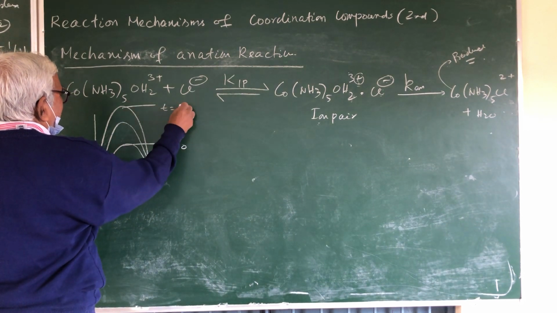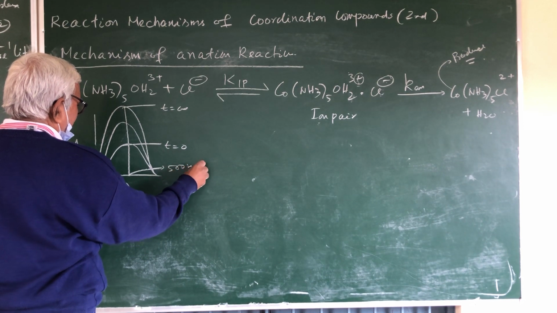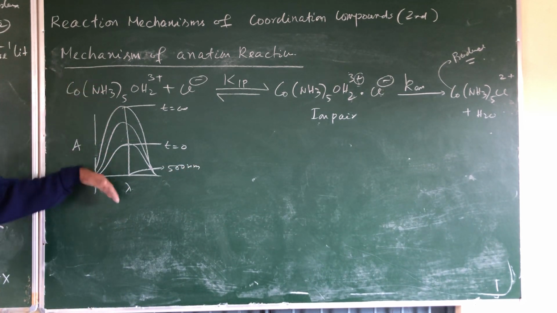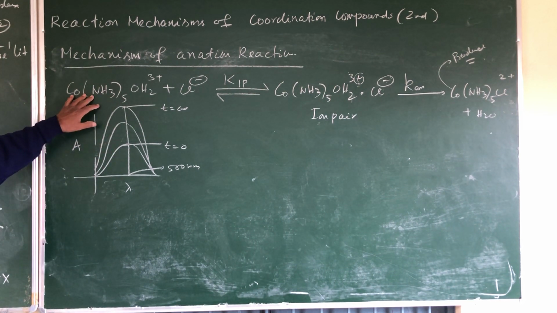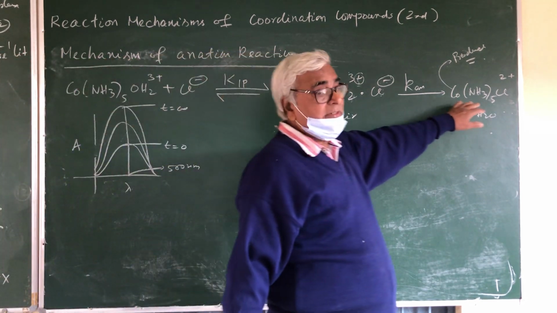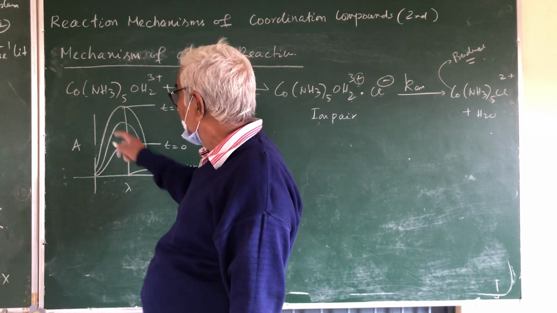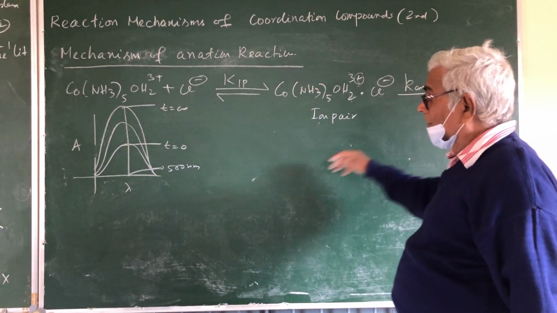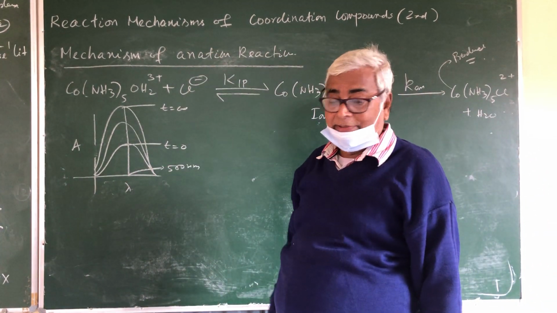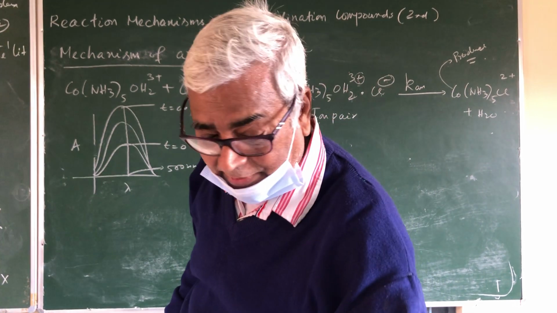The absorbance will go on increasing in anation reaction because the extinction coefficient of this complex is around 48 and this will be around 72. So therefore, absorbance at 500 nanometer will go on increasing. Extinction coefficient at 500 nanometer is 48. This is 72. Therefore, the final absorbance will be higher compared to the initial absorbance.